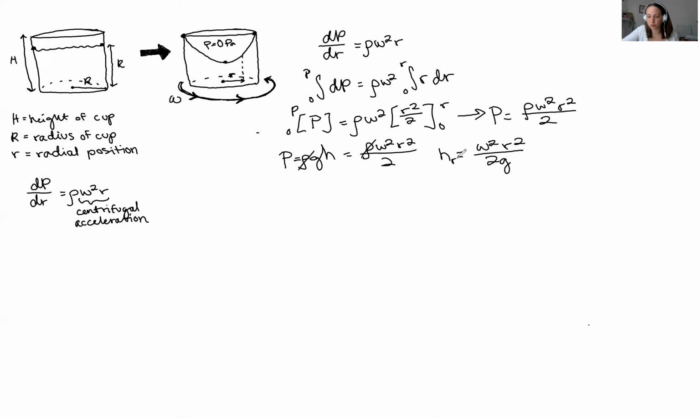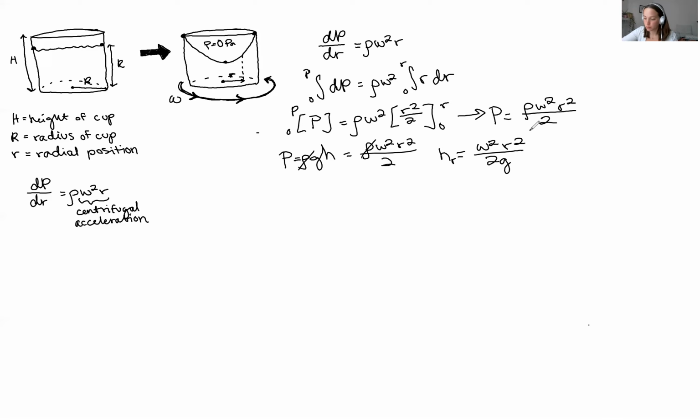So now we have an equation for the height of the liquid relative to the lowest point, which is the dip, because we evaluated that first equation from 0 to a final pressure and 0 to a final radius. So the radius is 0 at the middle of that circle of the cup of the cylinder, and also at that radial position of 0, right in the middle, is where we have that dip.